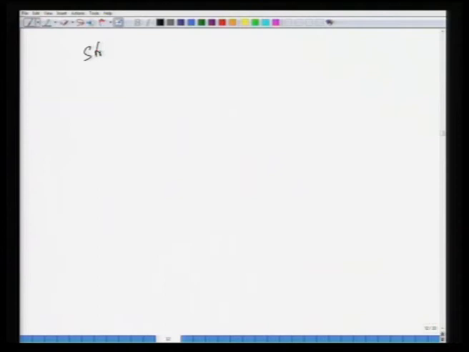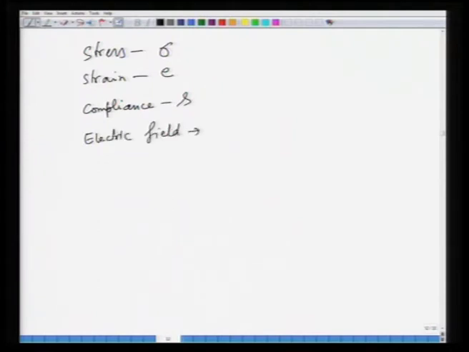If I say stress is sigma, strain is, just not to confuse with the electric field, let us say strain is E, and compliance is small s, electric field is E, and then we have d as a piezoelectric coefficient.